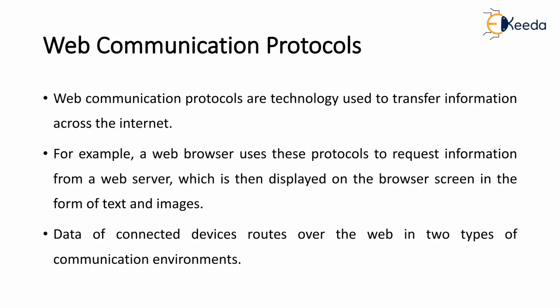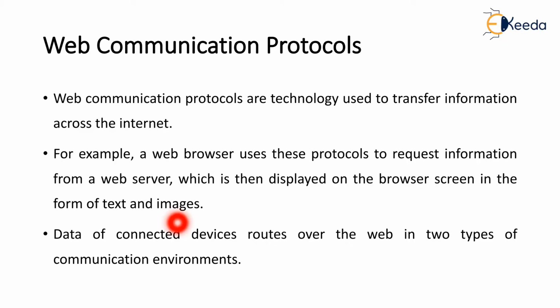The server captures the page and displays whatever is on the website. So a particular website will be responded to the particular client. So this is how the data moves, with the help of web communication protocols; these connections take place in the technology.